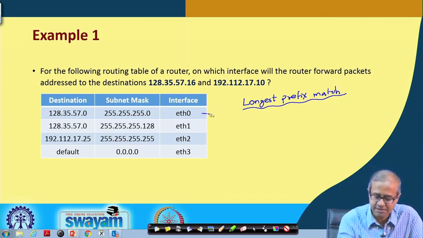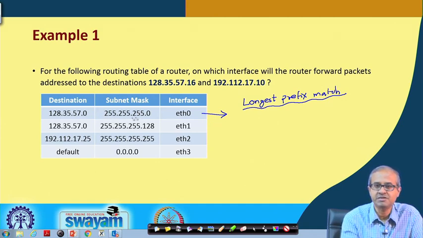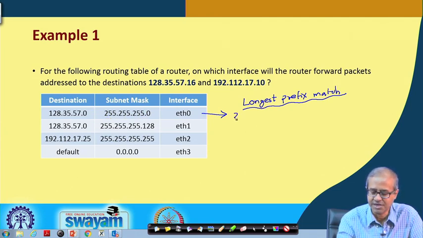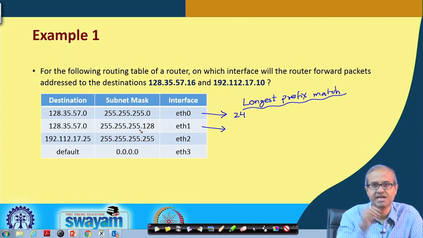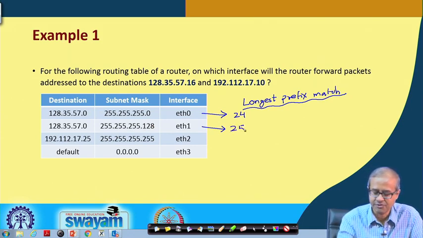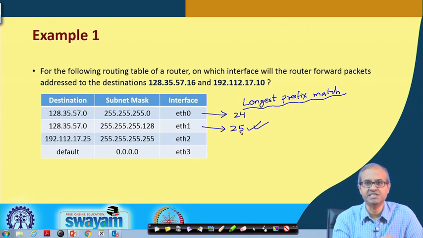You see, in the first row there was a match, but how many bits were checked for the network address? First 8, 8, 8, 24 bits. So, the network part was 24 bits, but for the second subnet mask there were 24 plus in the last one there was a single one. So, it is 25. So, you will always take the highest one, the longest network number for which a match is found.